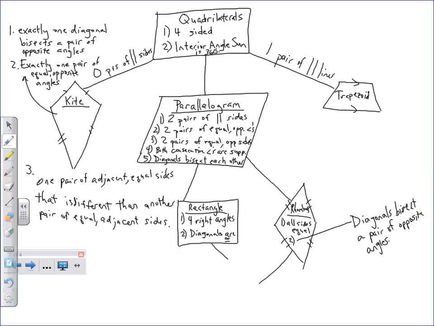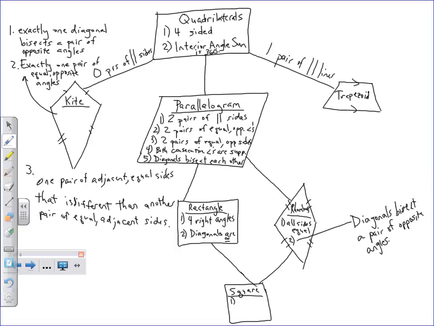Then a rhombus and a rectangle come together to form a square. A square is typically thought of as four 90 degree angles and four sides that are equal.